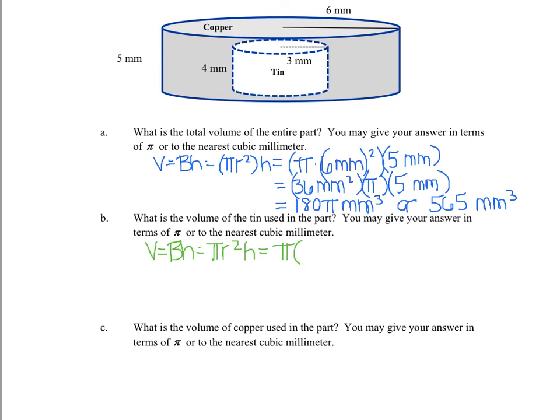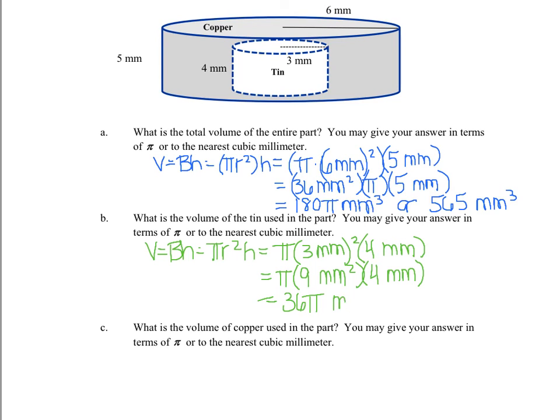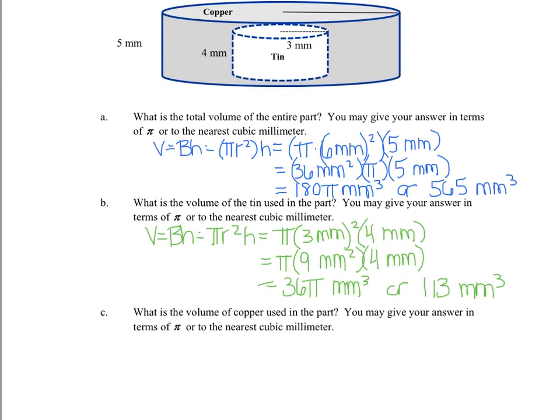So we're going to have pi, but my radius now is 3 millimeters squared times my height of 4 millimeters. 3 millimeters squared is 9 millimeters squared, and we're going to be multiplying that by 4 millimeters. So this is going to give me 36 pi millimeters cubed, or 113 millimeters cubed, if you decide to round it.